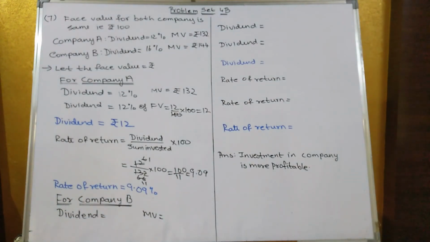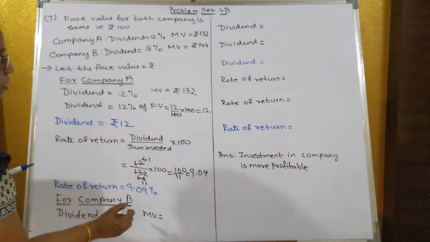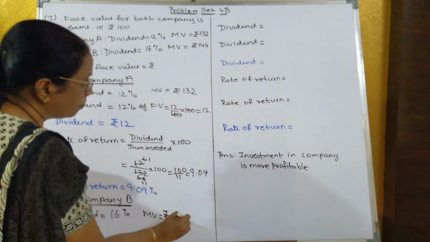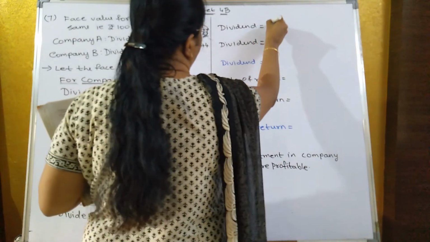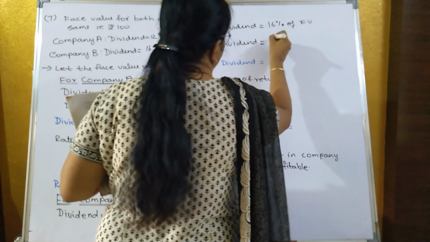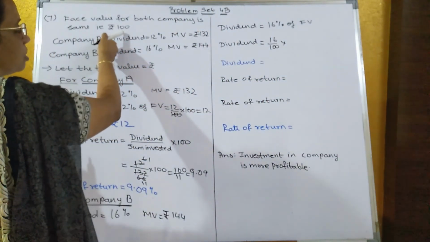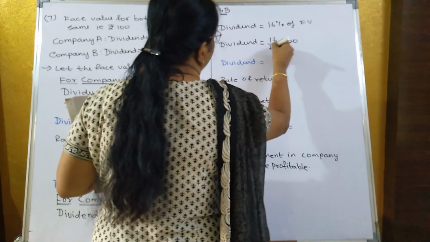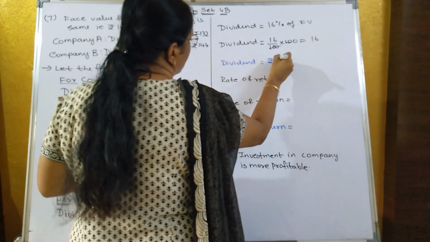Now for company B, dividend is 16% and market value is 144. Dividend is 16% of face value, that's 16 upon 100 into 100, as face value for both companies was the same, rupees 100. 100 and 100 will get cancelled. So dividend is rupees 16.